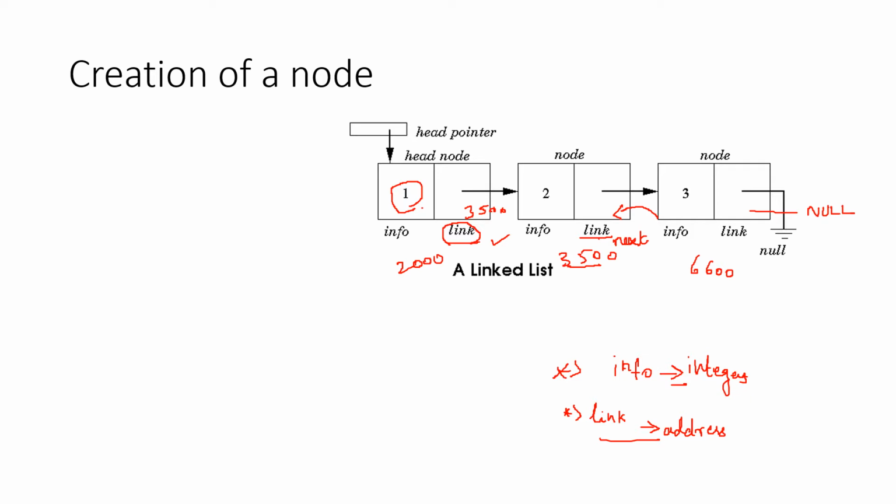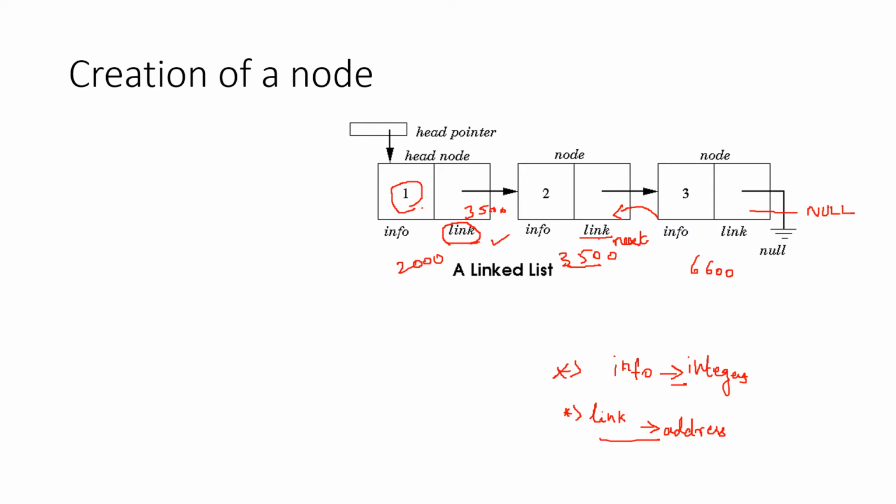You know very well, if we wish to store a list of items which all belong to different types of data, then we should make use of a structure. A structure is used to store a list of heterogeneous data.